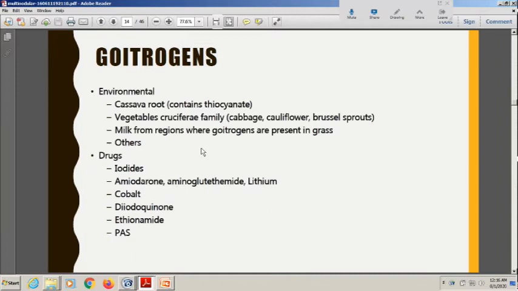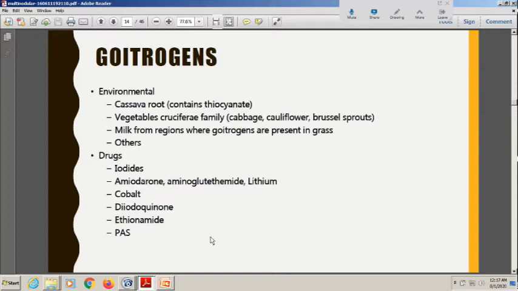Goitrogens are substances that disrupt the production of thyroid hormone, or interfere with iodine uptake in the thyroid gland. In the environment, there are many vegetables like cabbage, cauliflower, basil, cassava root, and many milk products. These are goitrogens.